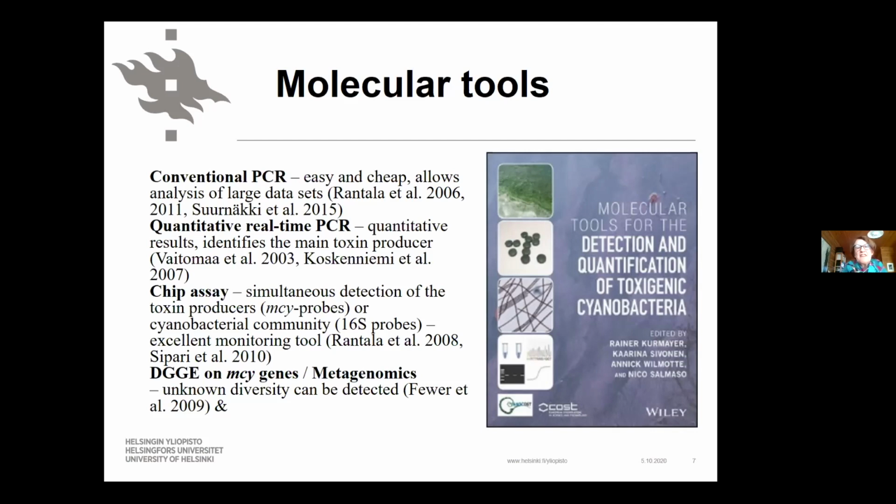For example, we studied over 70 lakes in Finland and saw that often in Finnish lakes at least several toxin producers occur at the same time. Then there is of course the quantitative real-time PCR method, where you can see what the main toxin producer is.